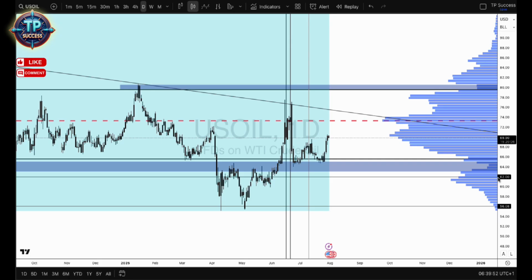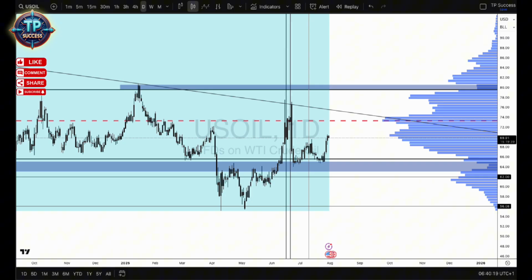Okay, so if I was going to start looking for buys in this market, right, I would be looking at taking the buys from this zone right here. So effectively I have missed the opportunity to jump in with buys, right?